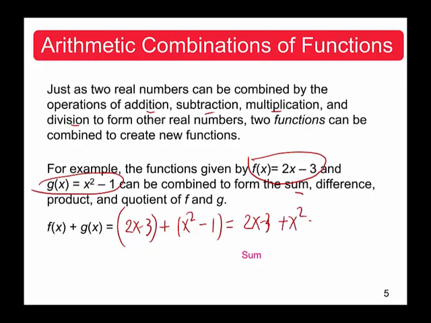Combine like terms: minus 3 minus 1 gives minus 4. Then we put the terms in decreasing order, start with the highest power, then gradually move down to the constant.